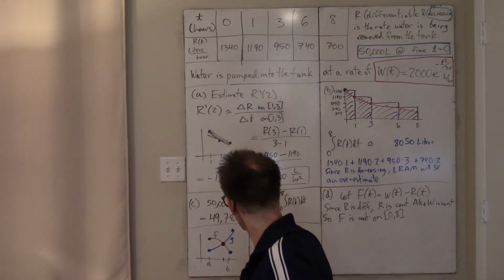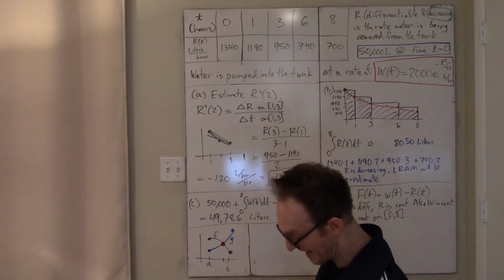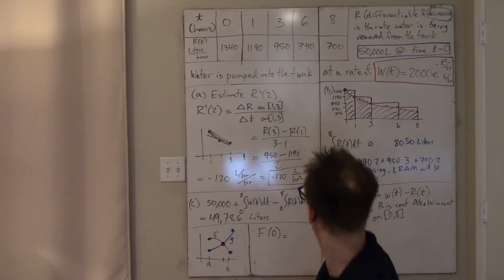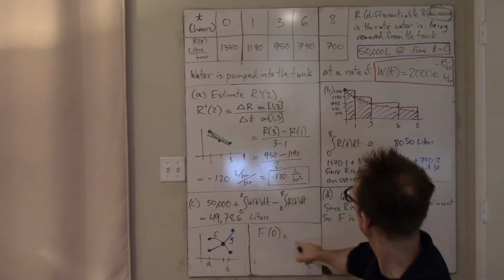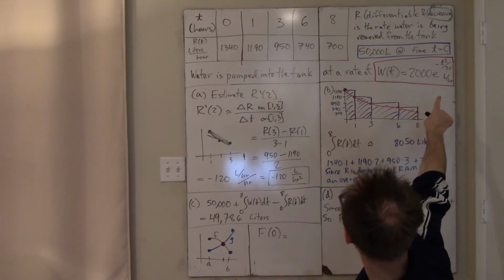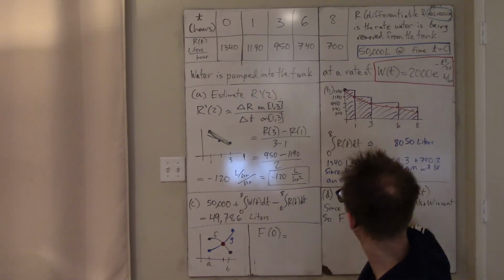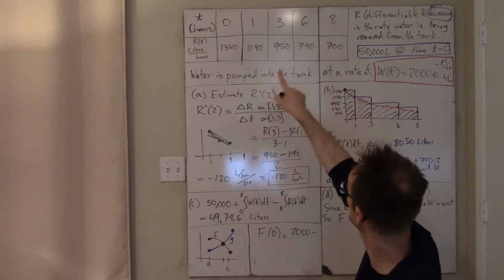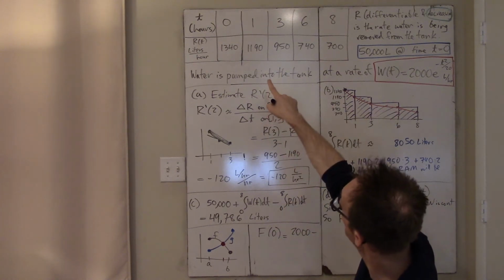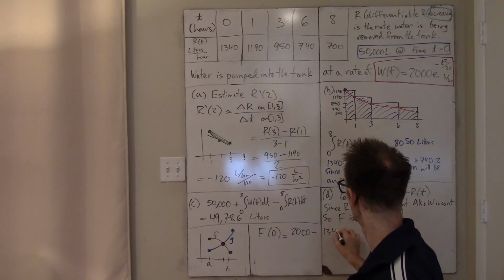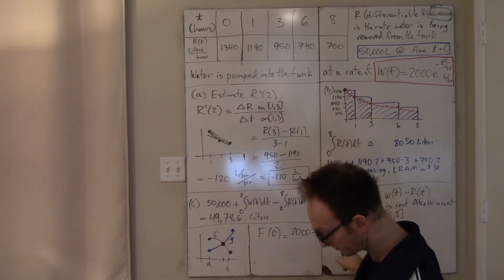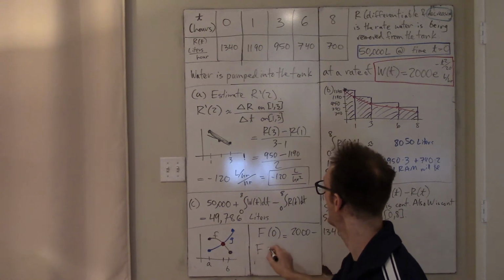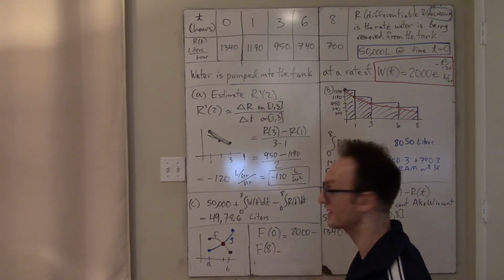And now what we need to do is find some values for which this works. I just plugged in 0 for f of 0. If you plug in 0, you can see, even without a calculator, that w is going to be 2000. So the w function starts at 2000, and the r function starts at 1340, so f of 0 is just 660. But f of 8, now we check the values at the end.